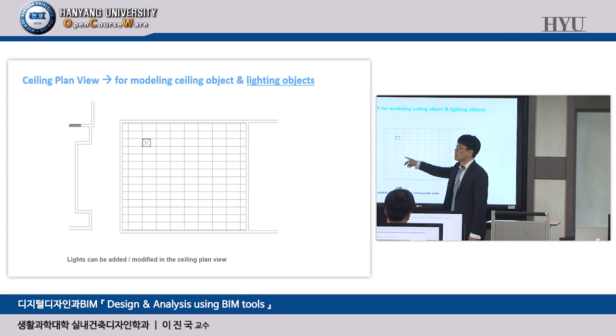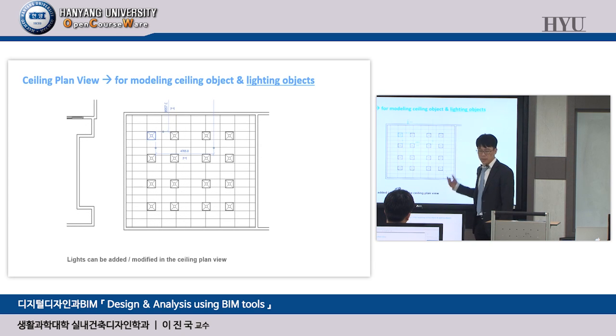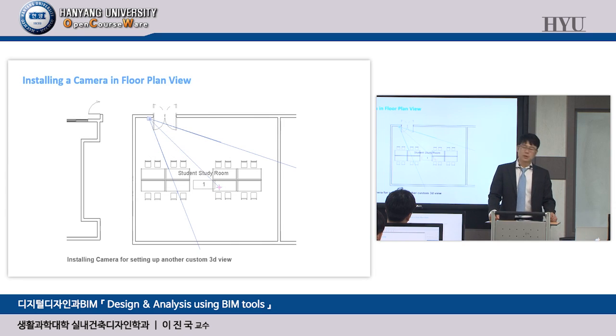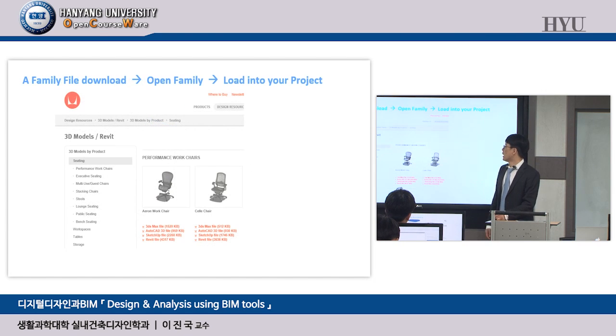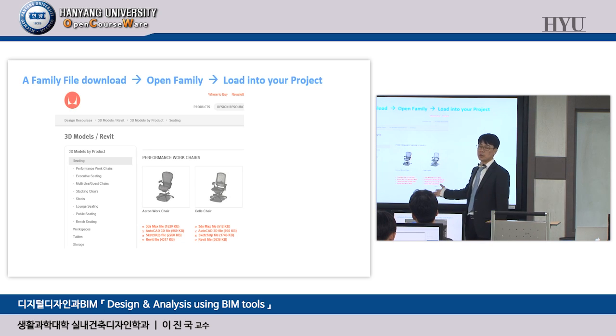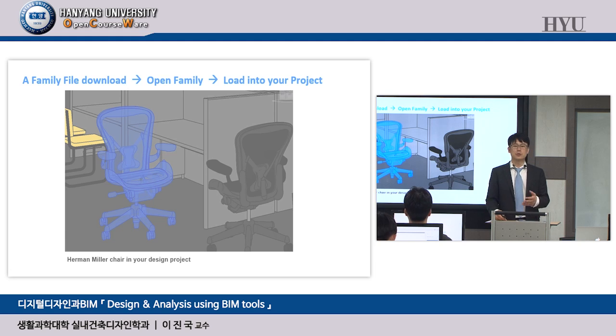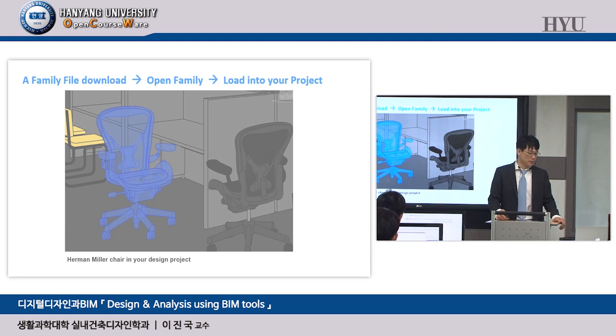Auto detection of ceiling based upon space object surrounded by wall object, and then additional components such as lighting objects can be handled like this, and simple installation of camera and 3D visualization, and you know, external library sources such as Autodesk or lots of library websites, as well as third-party vendor websites providing this kind of library files. And then you can easily load them into your project in order to design your components, your elements, and so on, like this way.